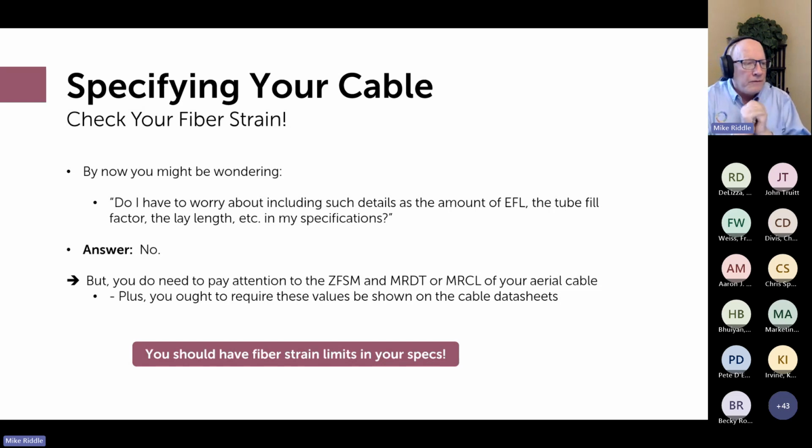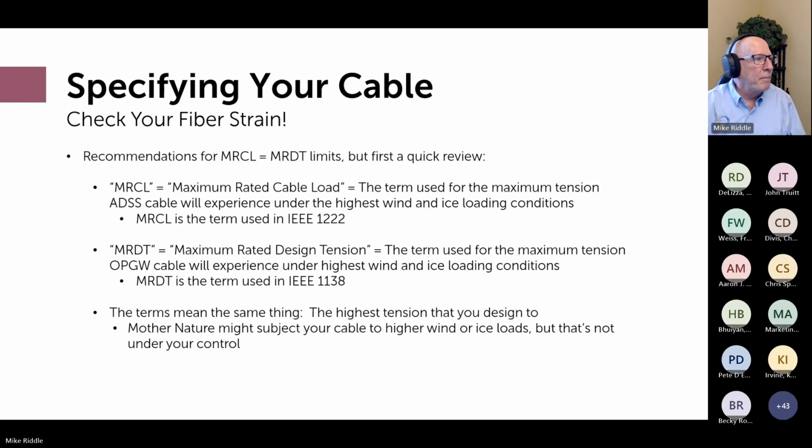And we're going to define these terms in a minute, so hold with me. Maximum rated design tension, or MRDT, or MRCL. We're going to define those in a minute. And you ought to require that they be shown on the data sheets too, in my humble opinion.